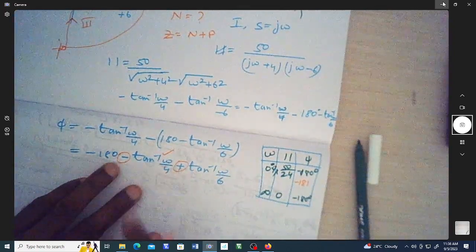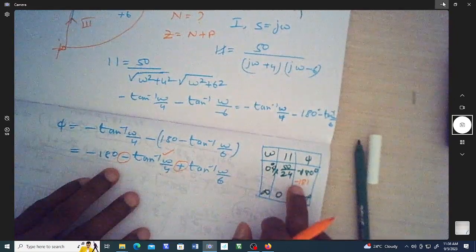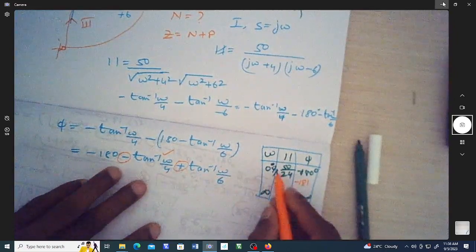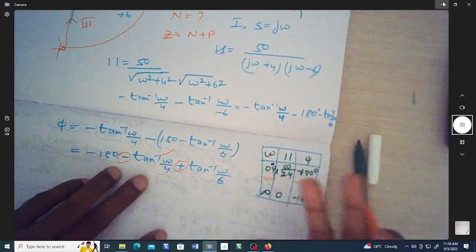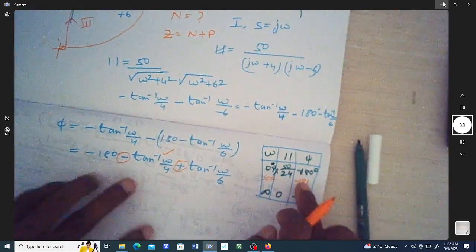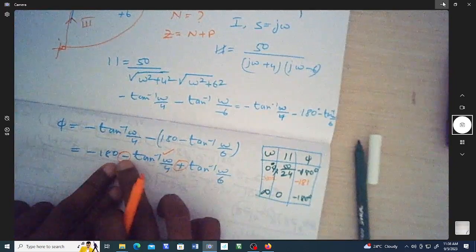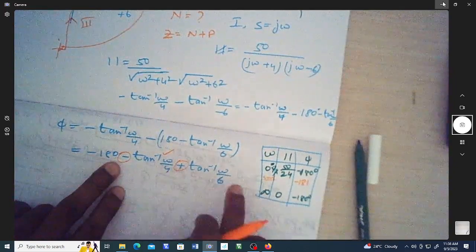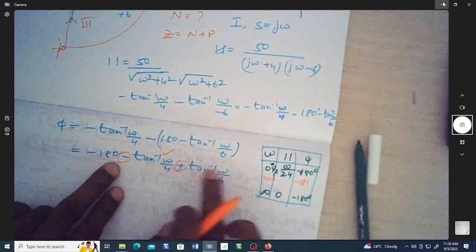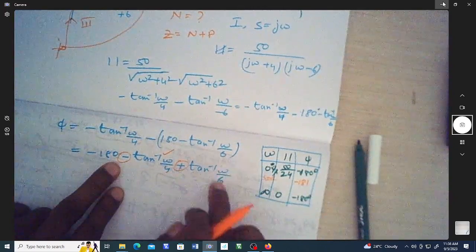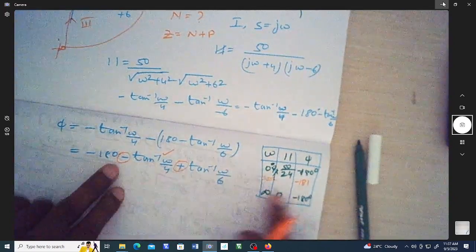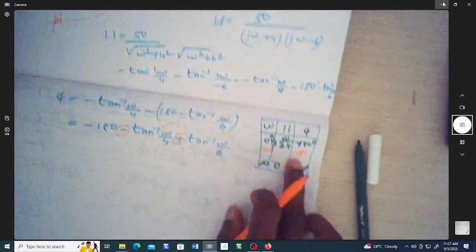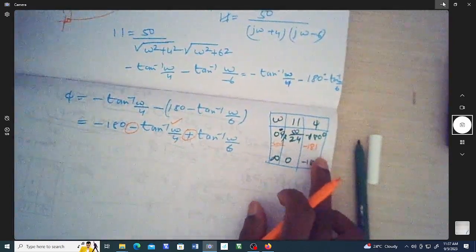So what you can simply write is, this is minus 181 for maybe a small value, it can be 0.1, 0.01. This is the indication that this is stronger compared to this, because this is omega by 4, this is omega by 6. So omega by 6 is lesser compared to omega by 4, so that this dominates. So it is now more negative than minus 180, so that's why it is minus 181.